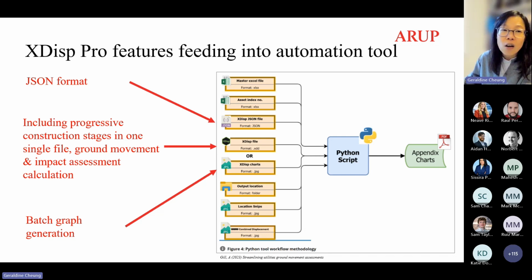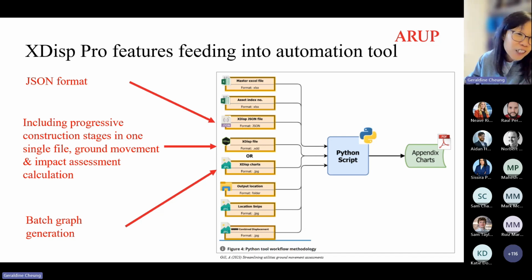So we talked a lot about the middle one here, which is the XDisp model, where you can include quite a lot of construction stages in terms of the design. And then you can put it in a single file. So if anything changes, you just need to do one change.